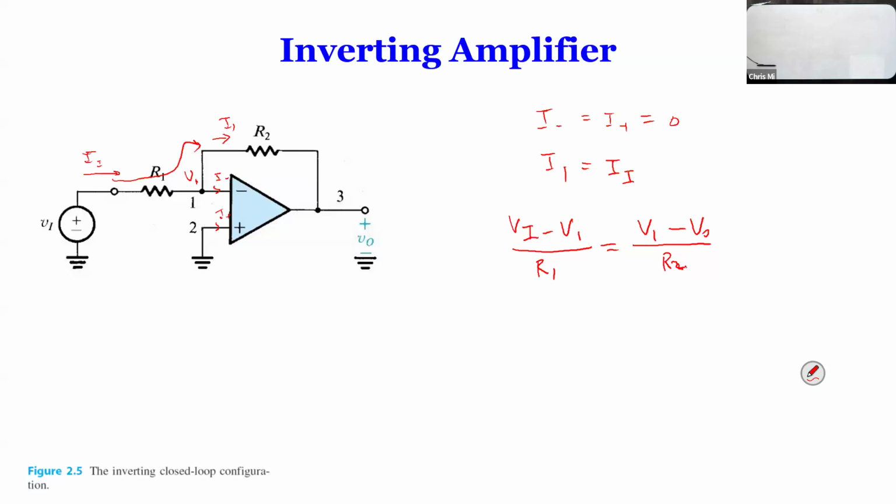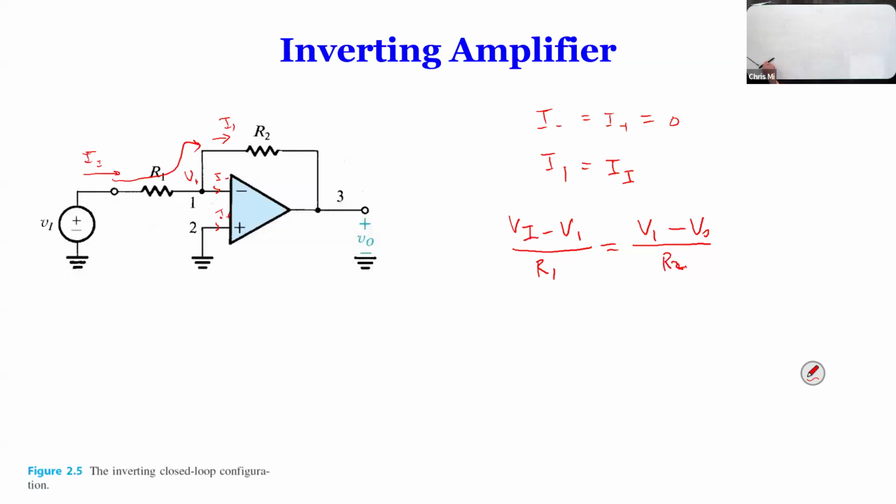Now the problem over here is that we have two variables, because we want to find VO, but we introduced another variable V1. We have a little bit of trouble finding VO, but we can always write VO as a function of Vi and V1. But we don't know V1. So now we need to go back to the concept that the gain is infinity.